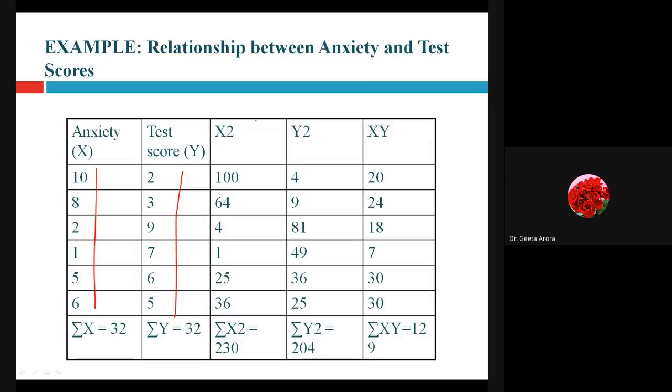Then we have the X square column, and we have summed it up. The Y square column is there; we have squared each and every term of column Y and added them, getting summation Y square. And then we get summation of XY by taking the product of the X column with the Y column.